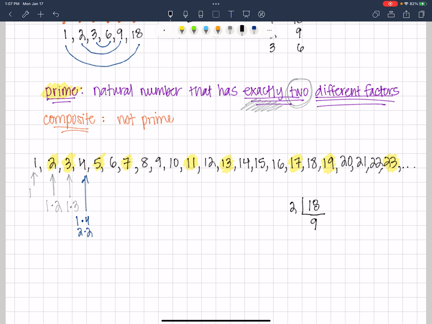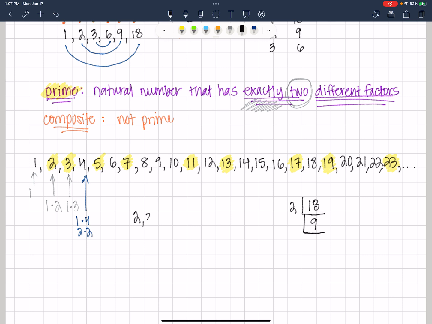Then I'm going to ask, is 9 a prime number? If it is not a prime number, I'm going to put a box around it because I'm going to continue dividing. 9 is a composite number, so I put a box around it, and I continue with 2. Does 2 go into 9 evenly? 2 does not go into 9 evenly, so I move to the next prime number.